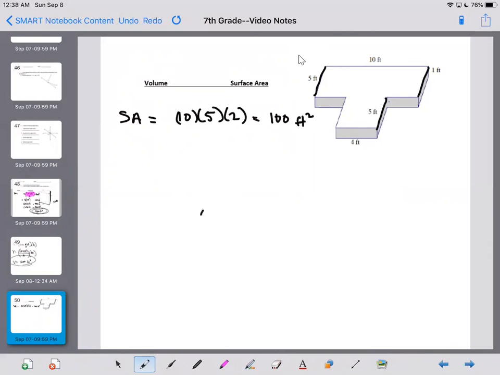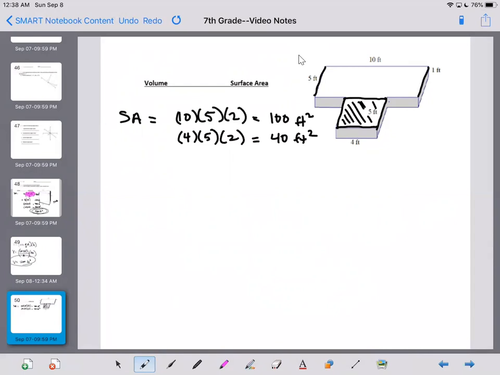We know that this is 4. So this is what we're looking at next, is this right here. So that would be 4 by 5, and there would be 2 of those. So that would be 40 square feet. Now we've taken care of the top parts, okay?